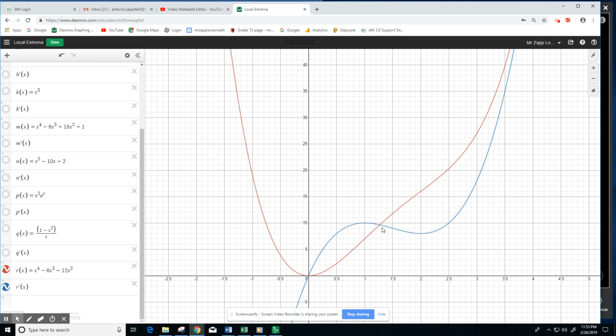And of course, what tells us where the derivative has a local max and a local min? Well, where the second derivative, in this case here, looks like it is going to be equal to 0. So it looks as though the second derivative might actually come into play to give us information about that original function. Okay, but that'll be for the next unit. That's it for this one.